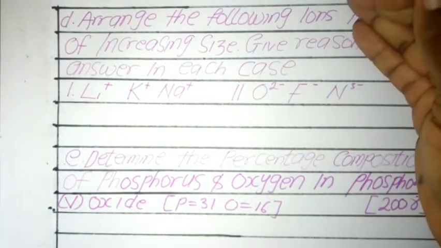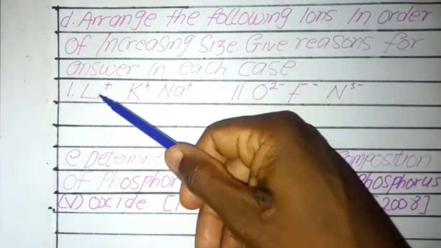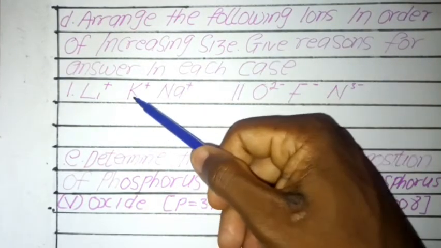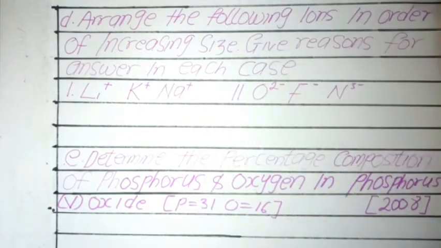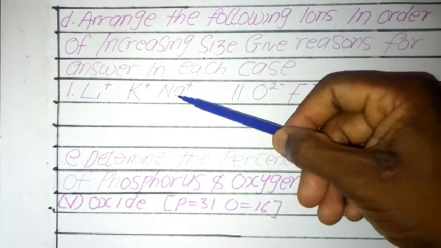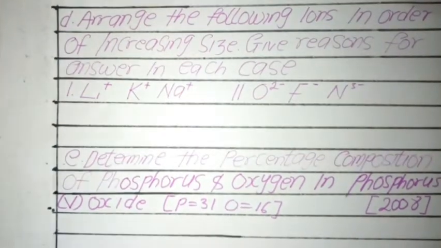The atomic size increases going down the group, and on top of this group, we have lithium, then sodium, then potassium, meaning the largest would be potassium, followed by sodium, then lithium. So I'm going to write it like this.